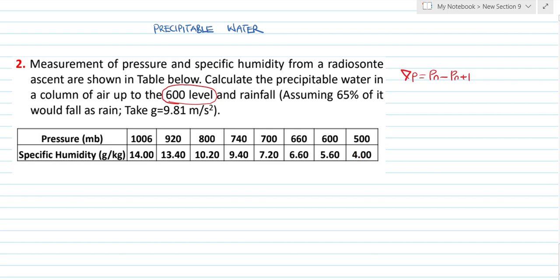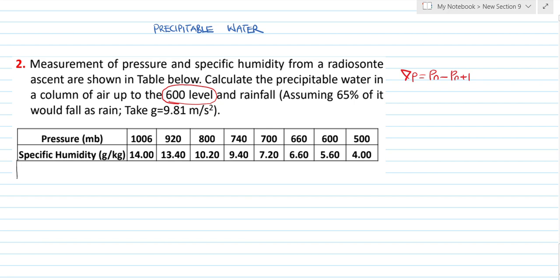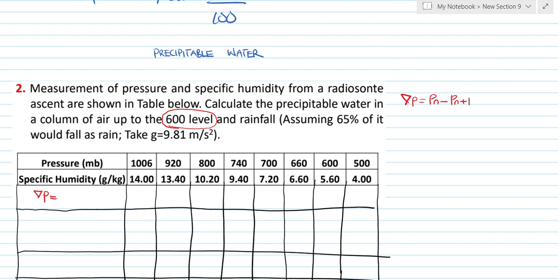So let's continue the table. The first thing that we look at is the change in pressure, which is given by Pn minus Pn plus 1.